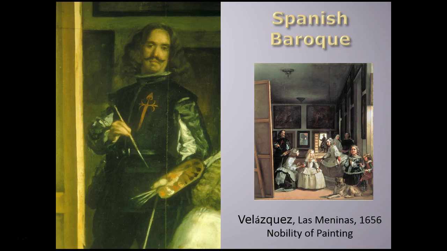And you still have to remember too that artists in the North, compared to artists in Italy, did not have as much respect as their Italian counterparts. And so this was a way for Velázquez to really raise the status of the artist and really raise the status of painting to more of a liberal art as well.